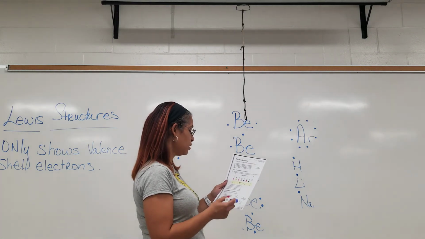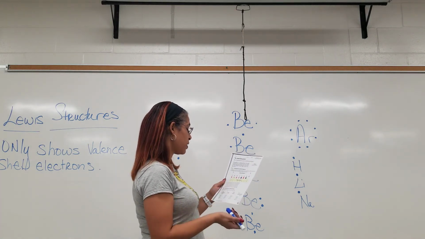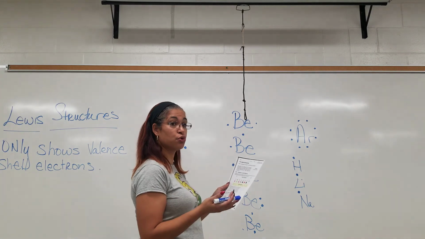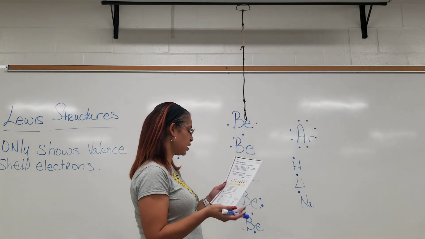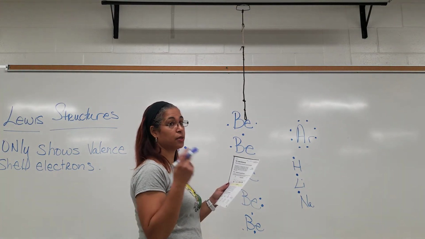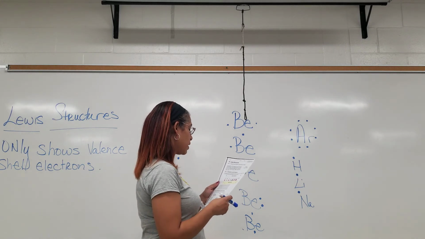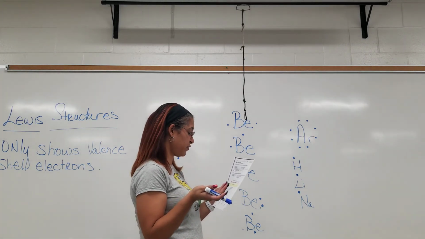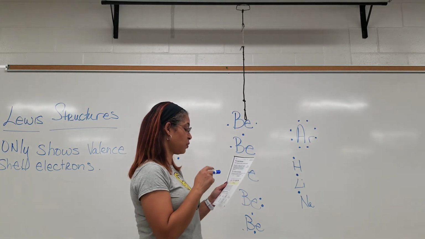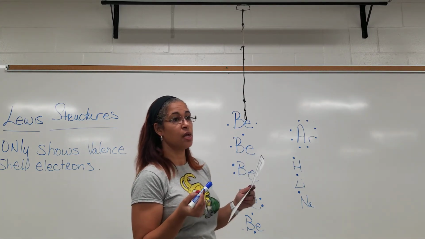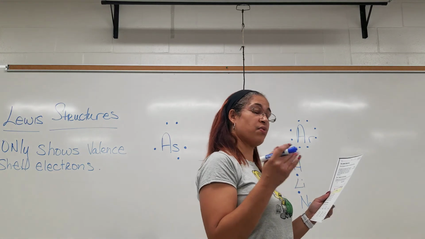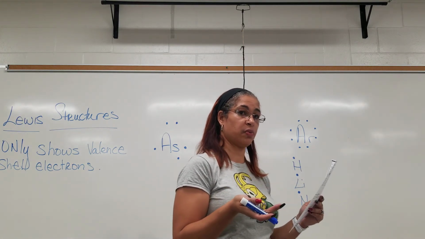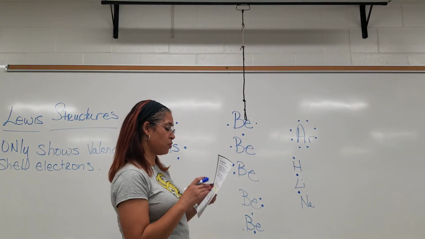For example, hydrogen will usually bond with one thing. Beryllium can make 2 bonds. Boron can get rid of its 3 electrons and make 3 bonds in order to fill its outer shell.